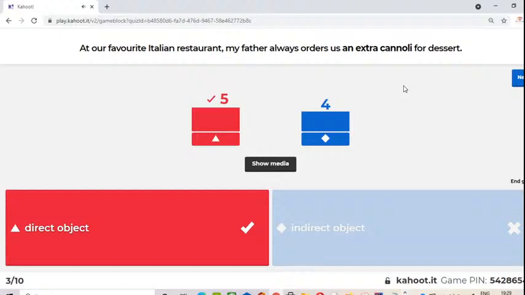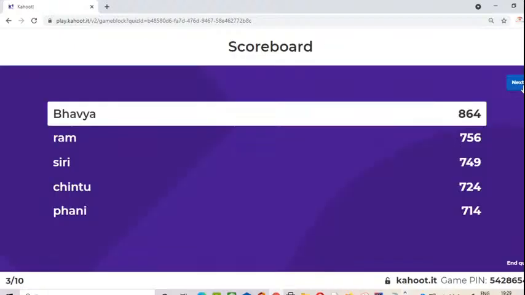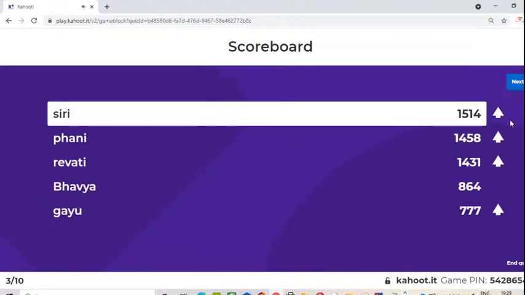Okay, guys, this time five of you are correct. That's very good. So now let's move on to the next question. This time Siri is in the first, and Funny is in the second, and Revati is in the third, and Bhavya is in the fourth, and Gayu is in the fifth. That's very good, guys. So now let's move on to the next question.